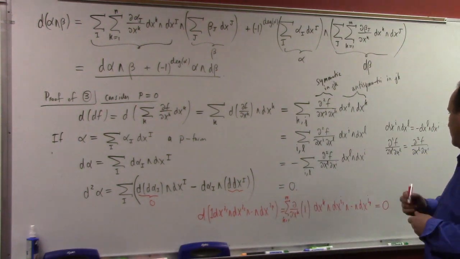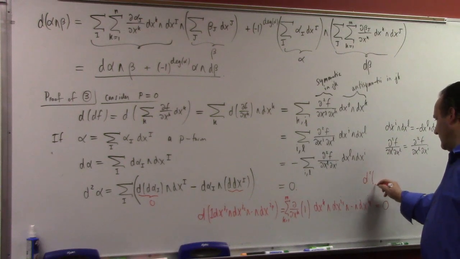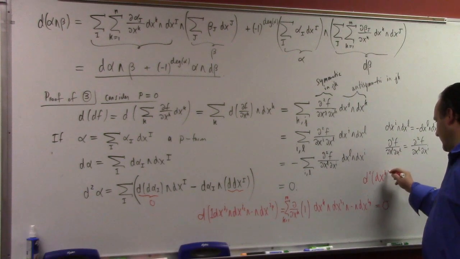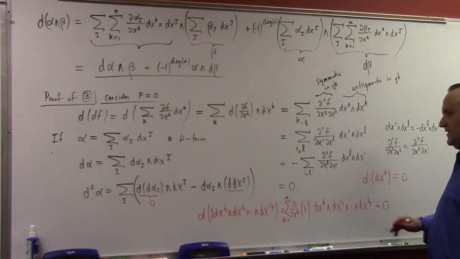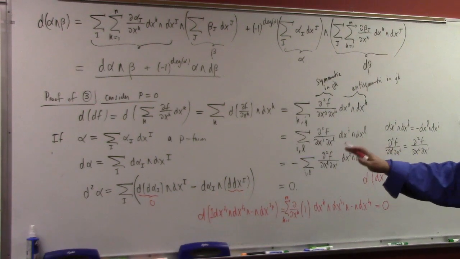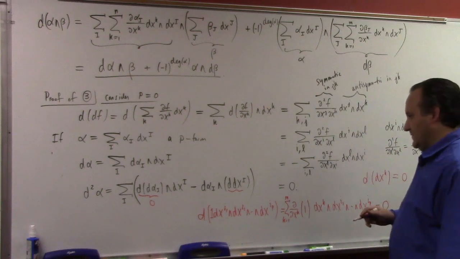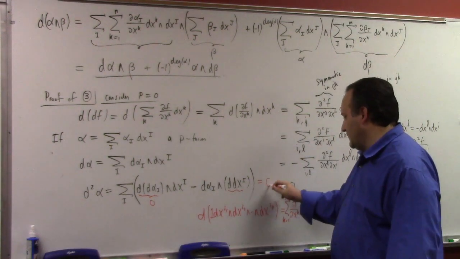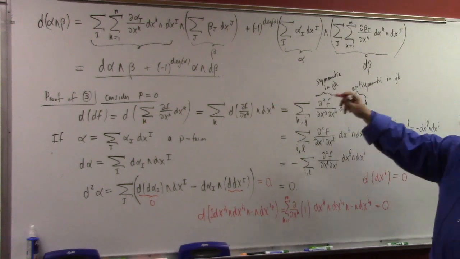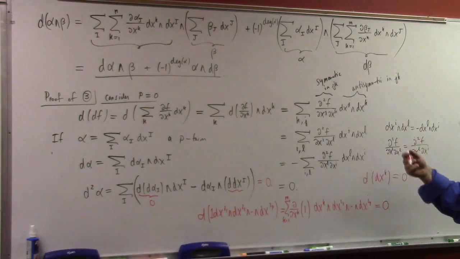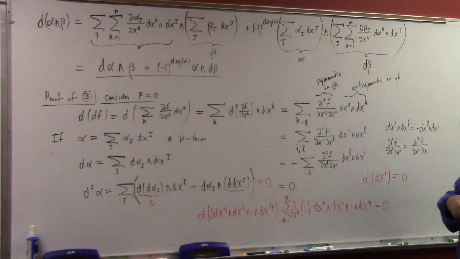It is also true that d of dx_k is equal to 0. Anyway, altogether, we have 0. So, hooray. That's the proof of 3. It really mostly is the first thing. The first thing is the biggest hurdle once you have that.